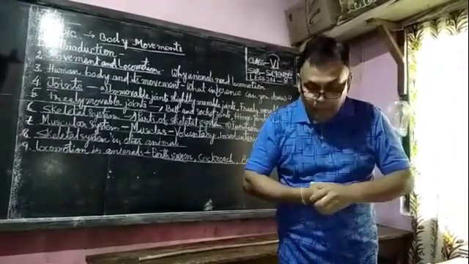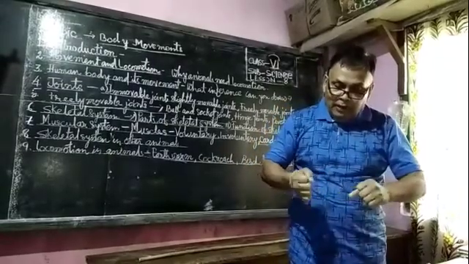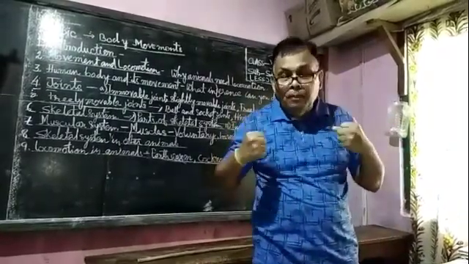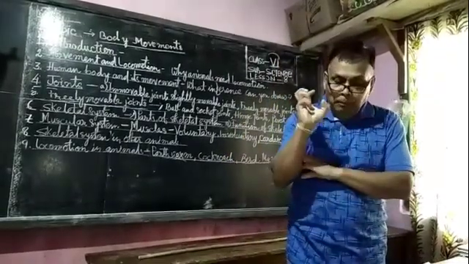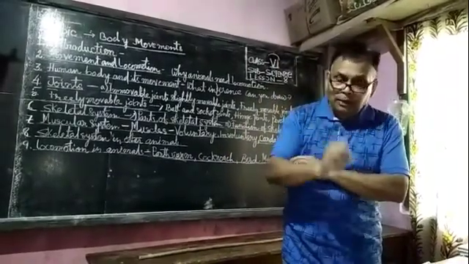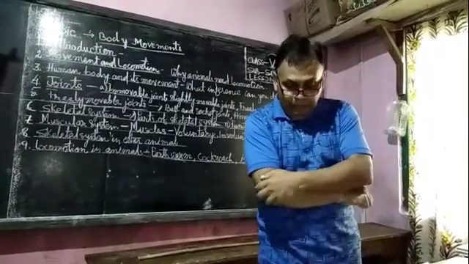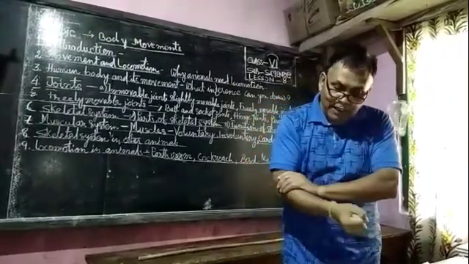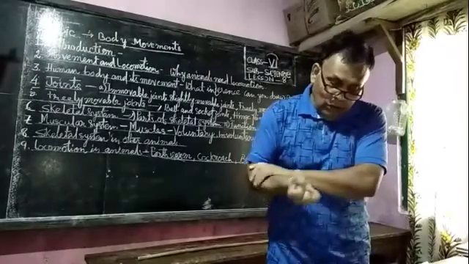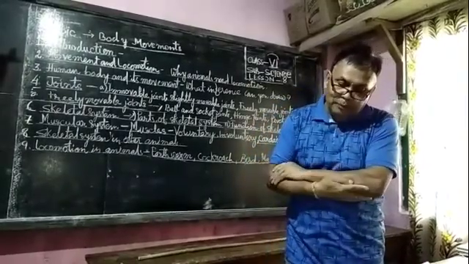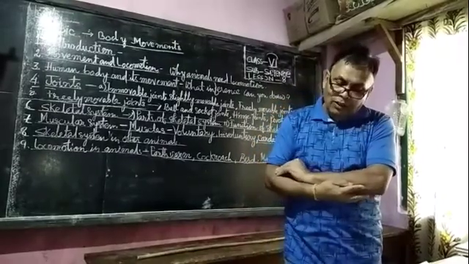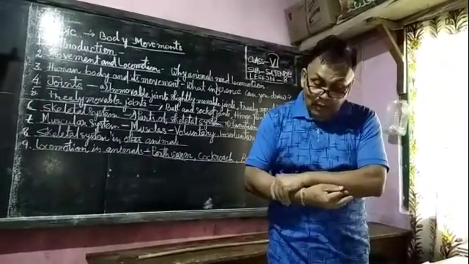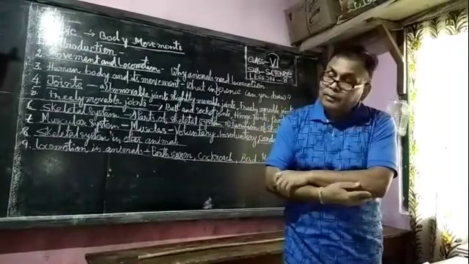Second, it provides form to the body, that is, it gives shape to the body. Third point is movement. Bones provide a surface to which muscles are attached. Contraction and relaxation of muscles provide movement.